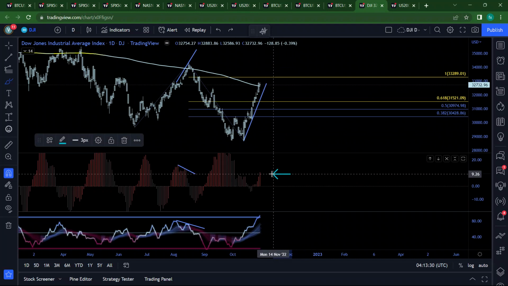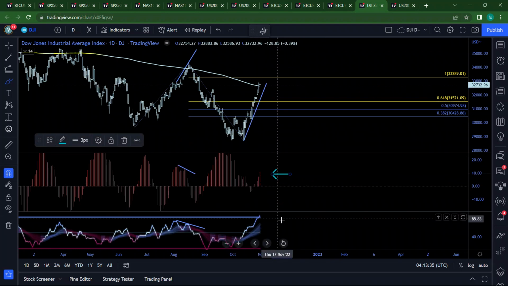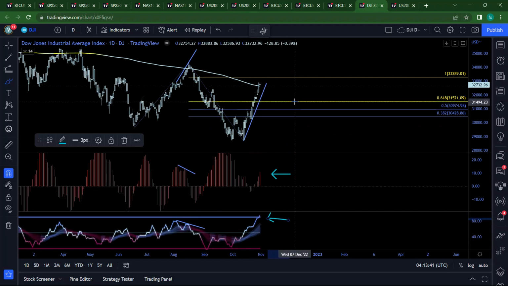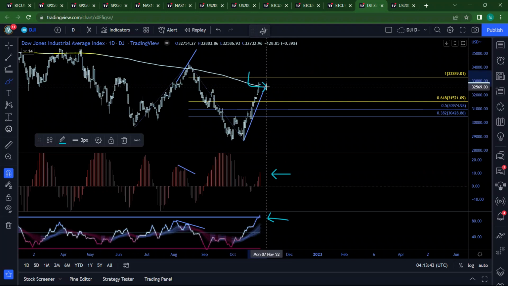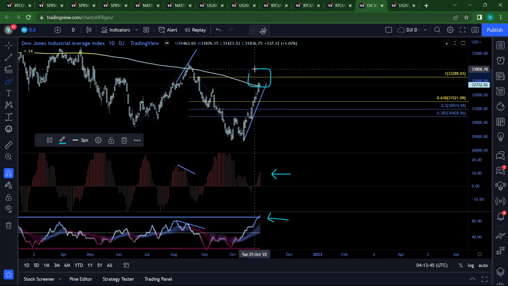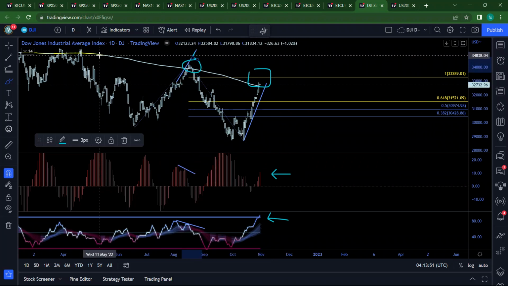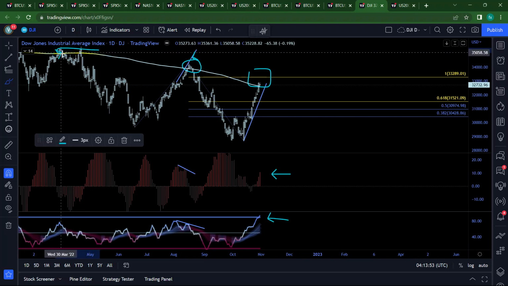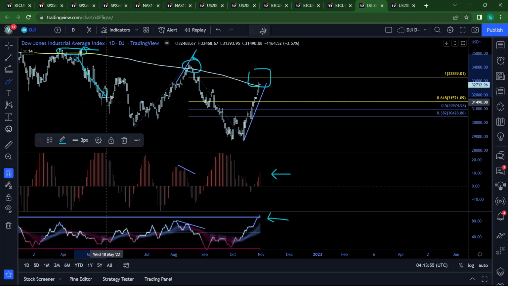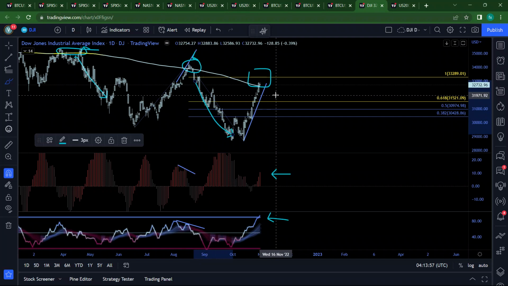Now you look at your momentum, and yes, you are building some momentum, but you want to keep your eye on this because looking at your MFI, you are overbought. Okay, you are overbought. You have a parabolic run. You have a quadrant up here of the one fib at 33,289, and you have your 200 moving average, which gave you a super clean rejection before, and gives you these big trades in the marketplace.